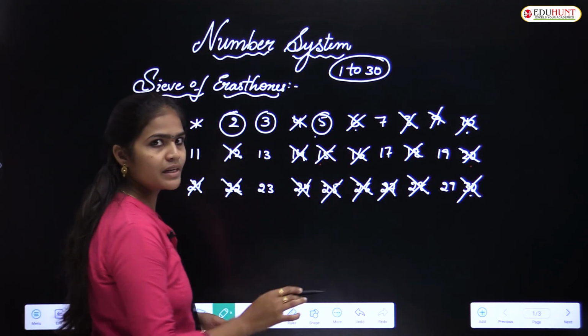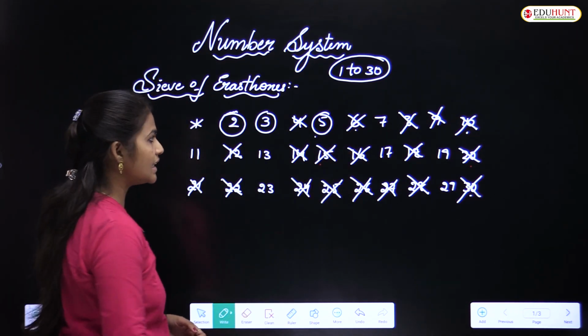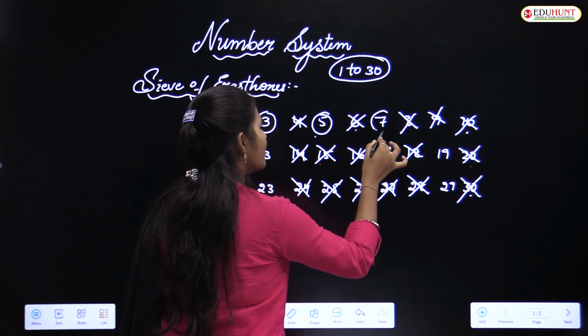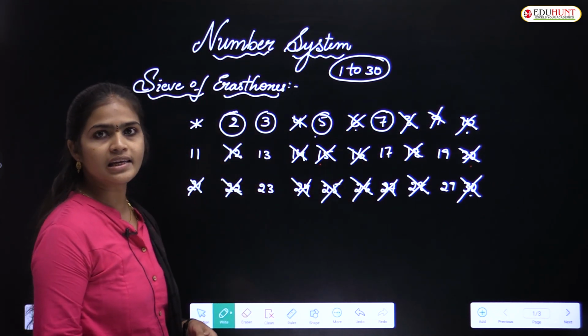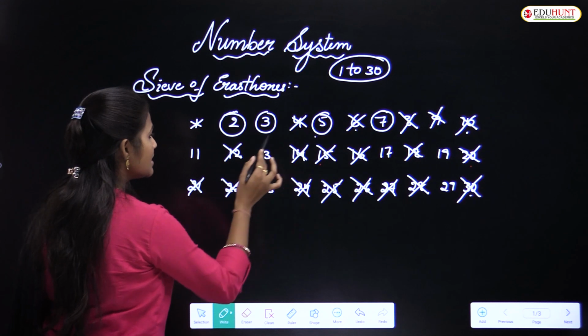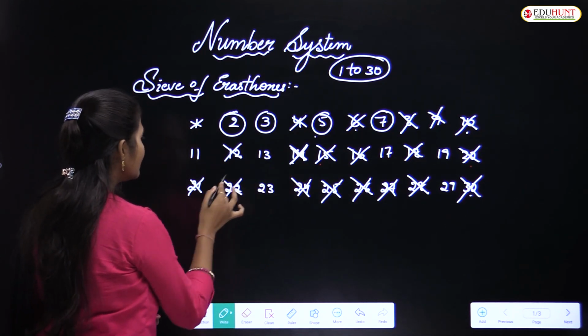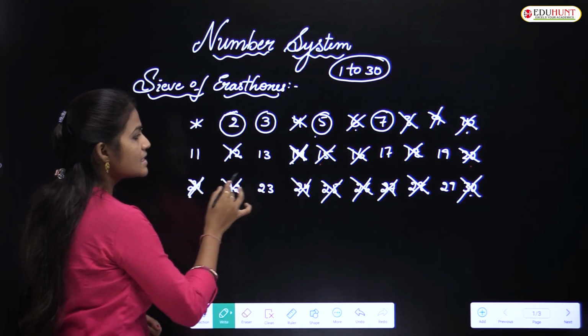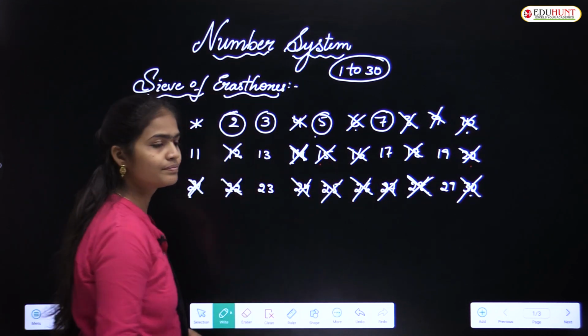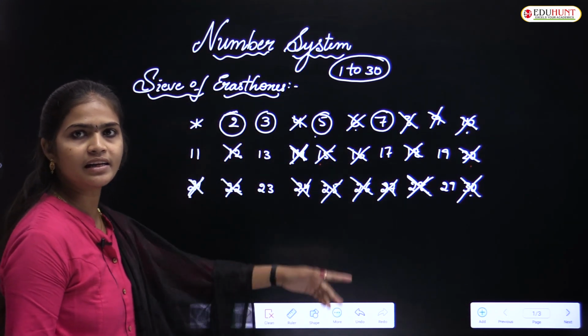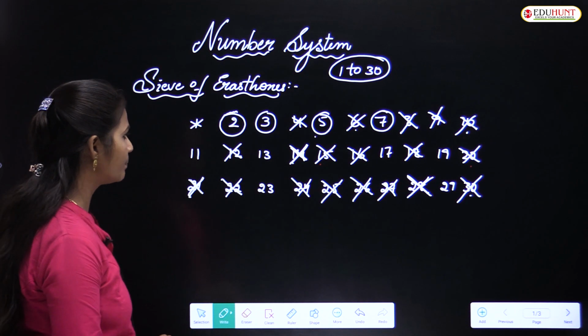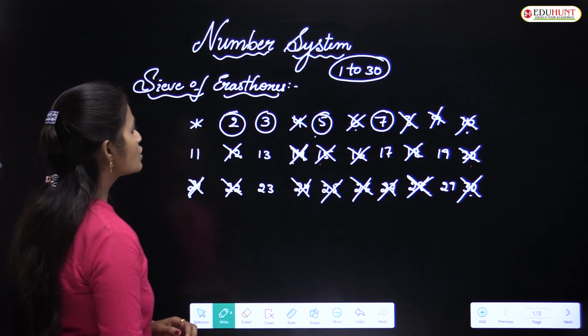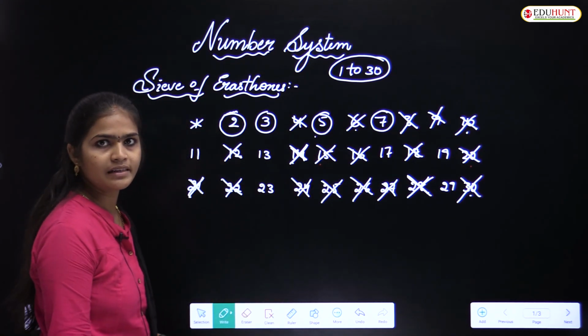Next the 6 table is completed, already crossed. Next the 7 table, so circle 7. 7 ones 7, 7 2s 14 completed, 7 3s 21, 7 4s 28. 7 5s 35, but 35 is not in our list, so leave that one. Is it clear? The 7 table is also completed.